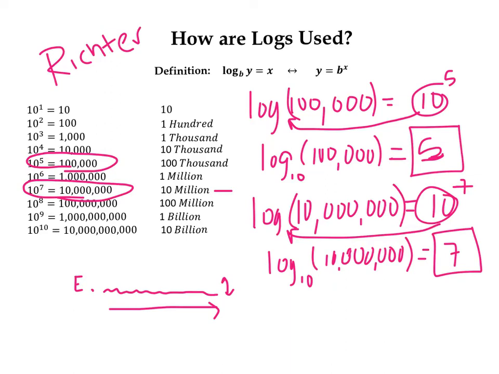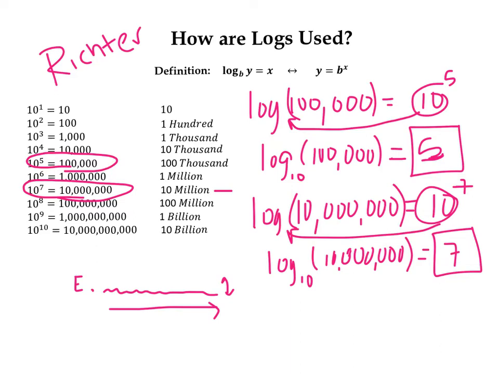So an earthquake of magnitude 5 versus magnitude 7, yes, they're 2 units apart, but they're way more intense. The magnitude increases by 2, but the intensity increases by 100, right? 100,000 times 100, if we add 2 more zeros.